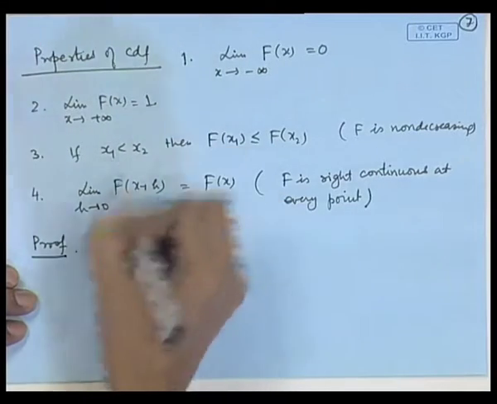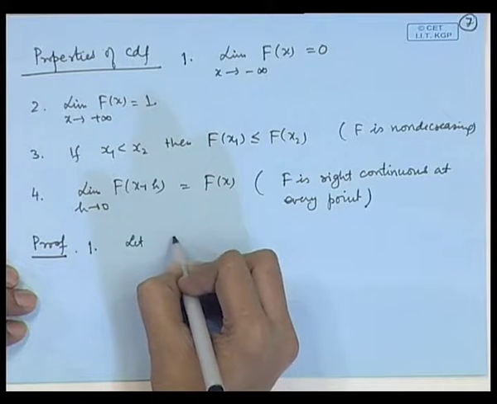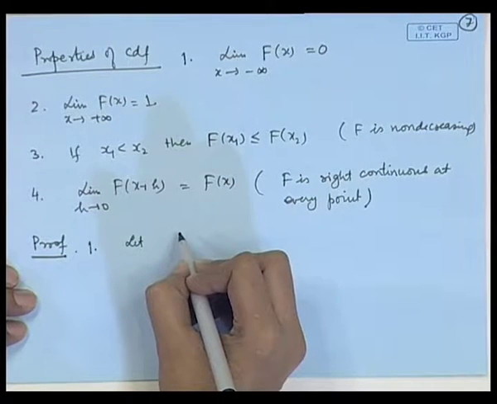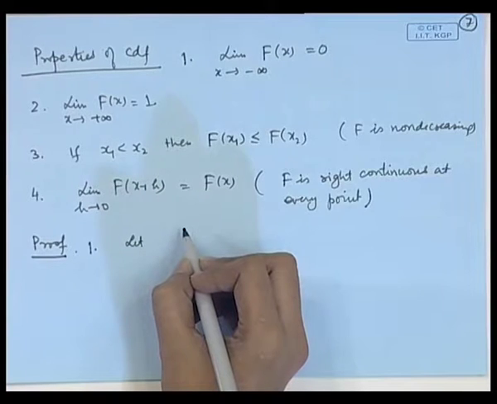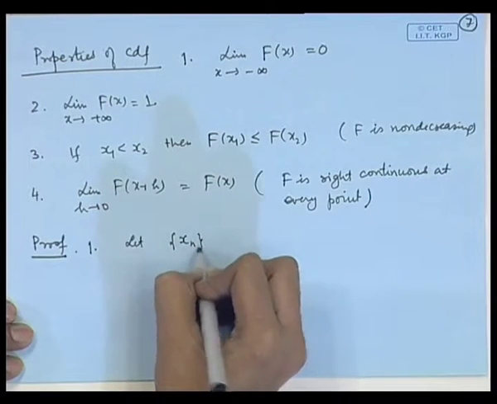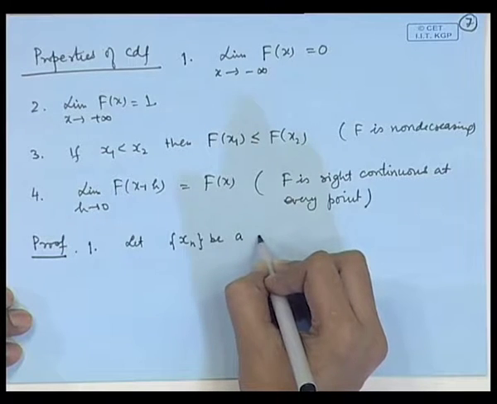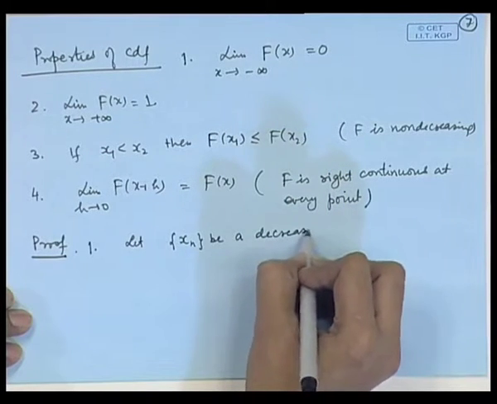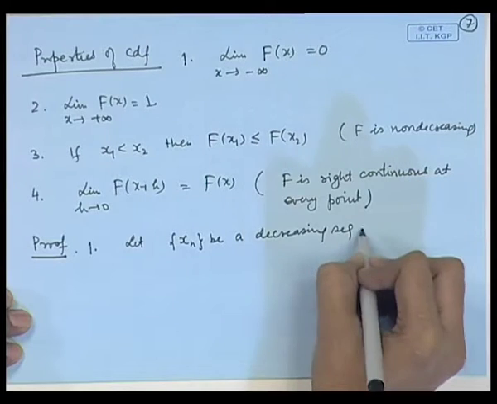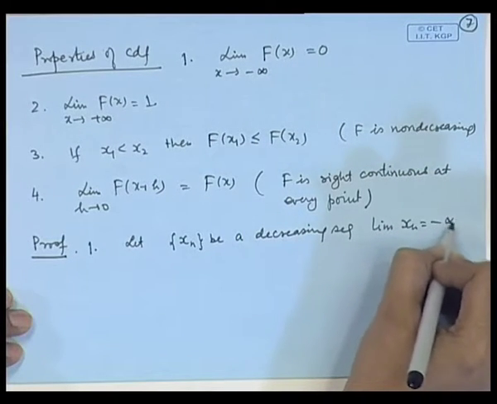To prove the property 1, let x_n be a decreasing sequence such that limit of x_n is equal to minus infinity.